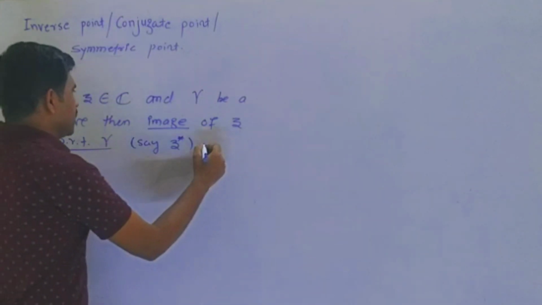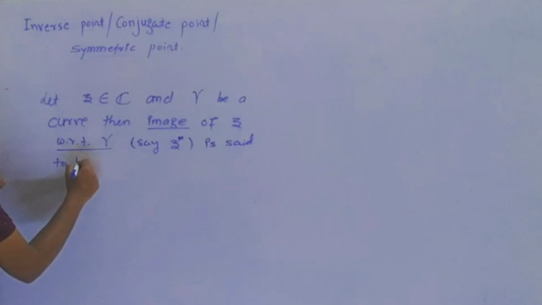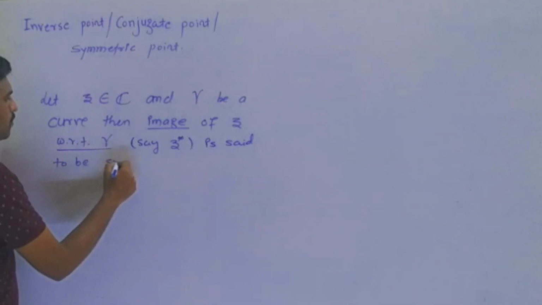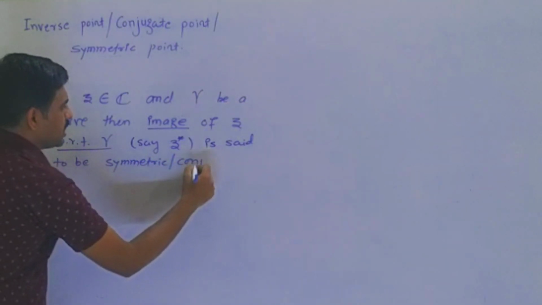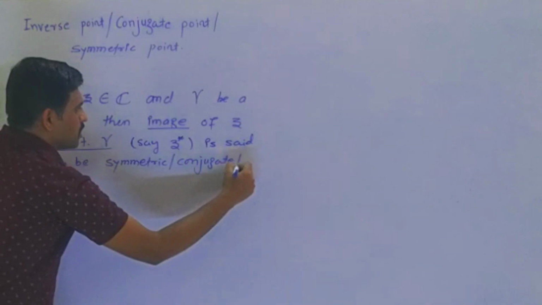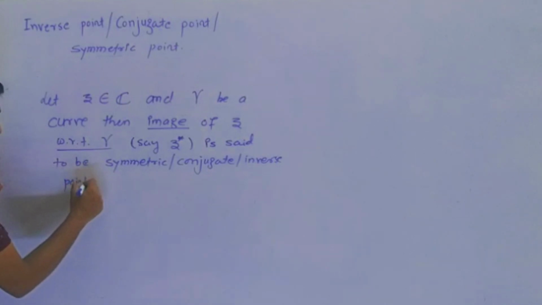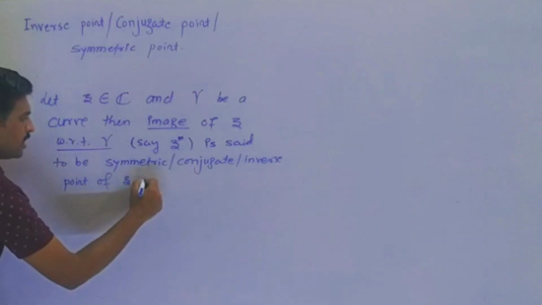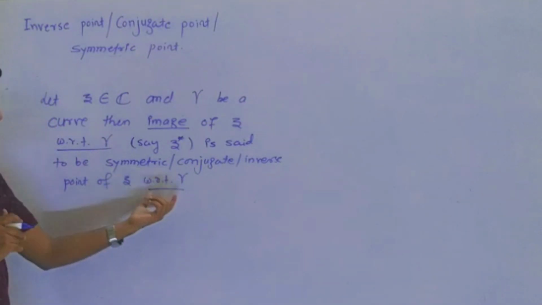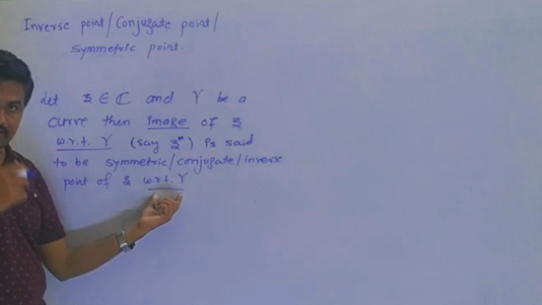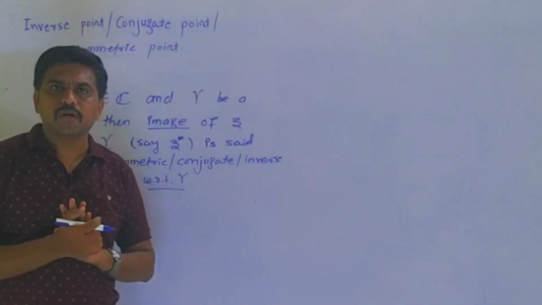Z star is said to be the symmetric, or conjugate, or inverse point of z with respect to gamma. I say this is the most important statement in the definition. So this is the definition of conjugate point, or symmetric point, or inverse point.